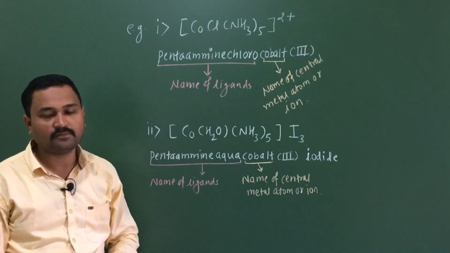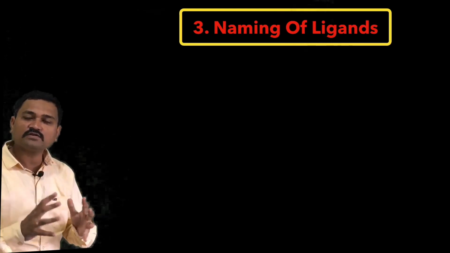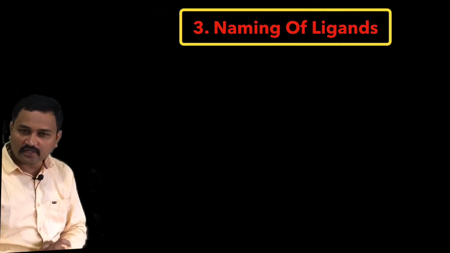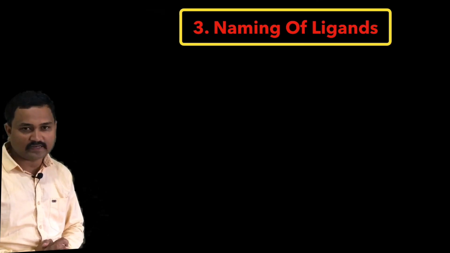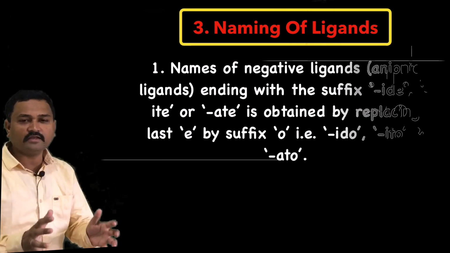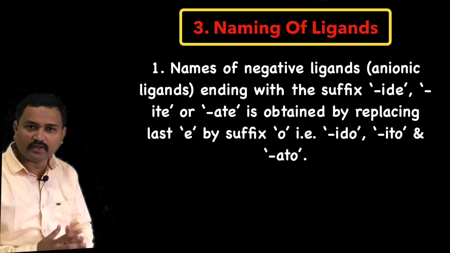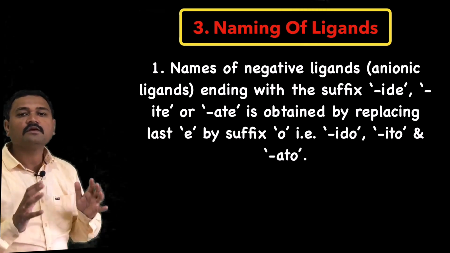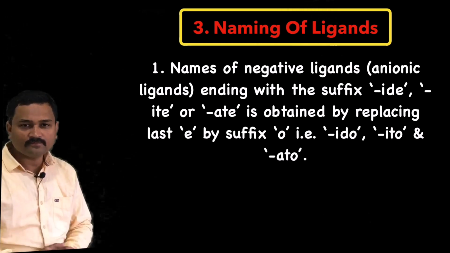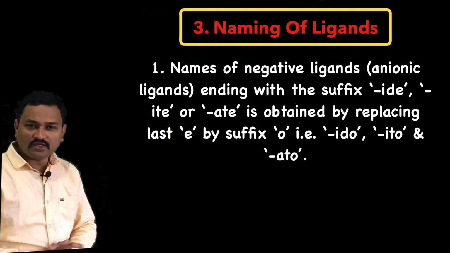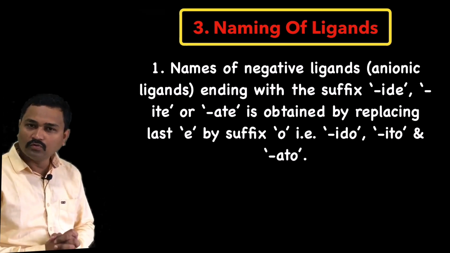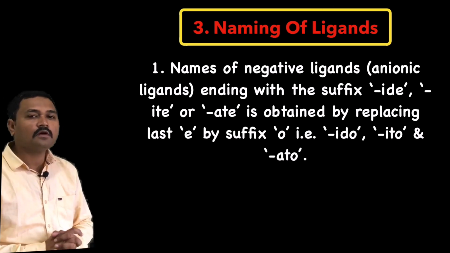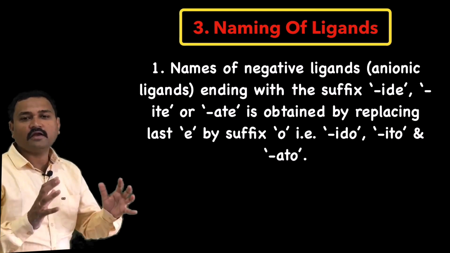The rule number third, that is the naming of ligands. Now here let us consider the first rule regarding the negative ligands, also known as anionic ligands. The names of anionic ligands or negative ligands which end with the suffix ide, ate, ite are obtained by replacing the suffix e by o, that is ido, ito and ato.